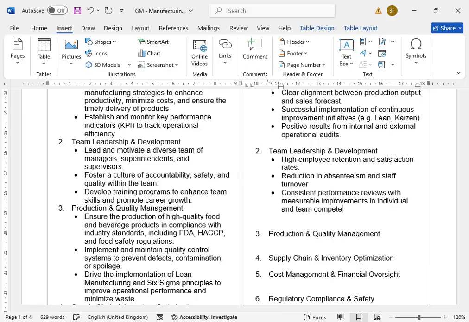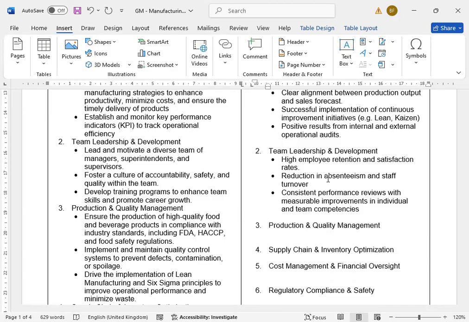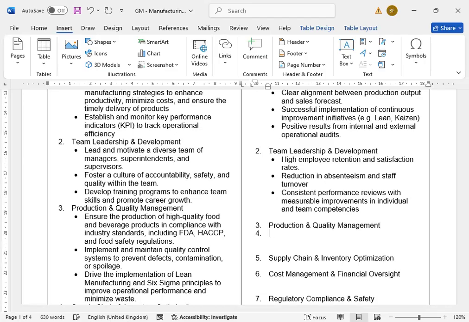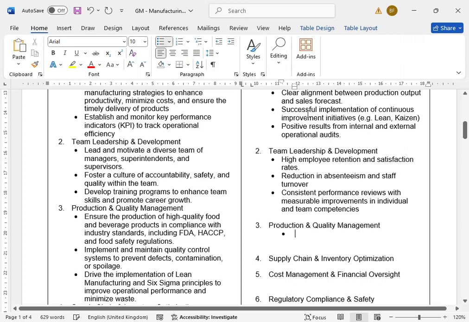Competencies. All right. Okay. Bullet point.